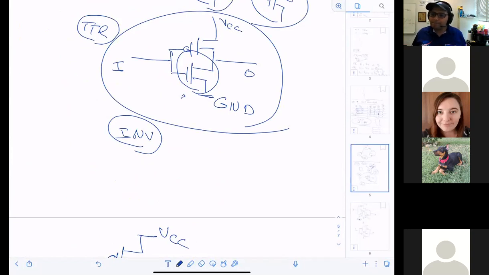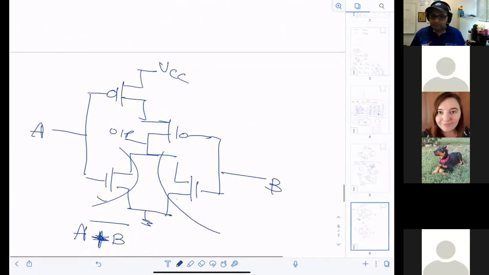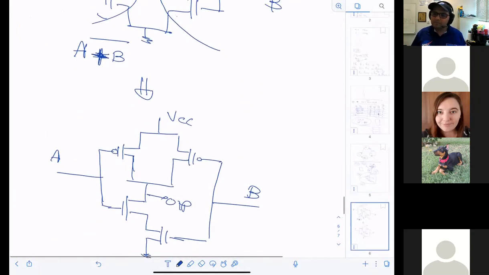Okay. Makes sense? Have you guys heard about the transistor? Did you hear about semiconductor? Semiconductor is basically something between conducting and not conducting.